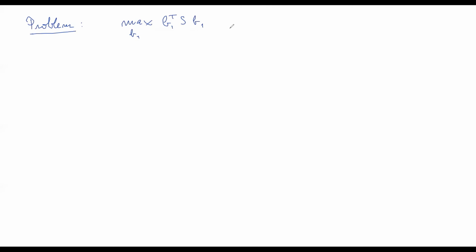And this should be subject to the norm of b1, or the norm squared if you like, being equal to 1. So what we have in this problem is really a constrained optimization.